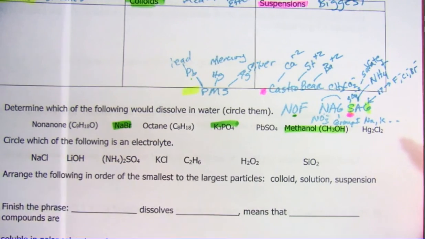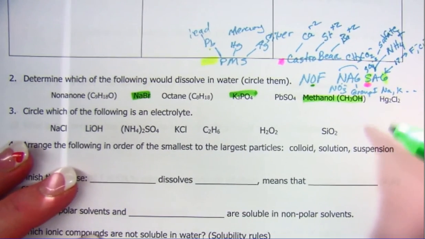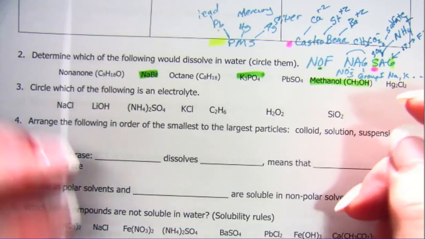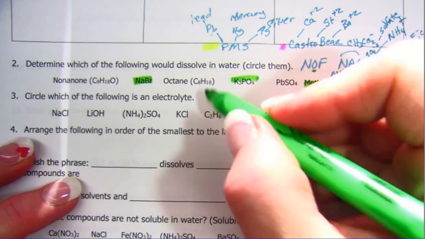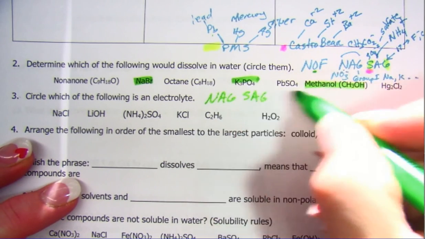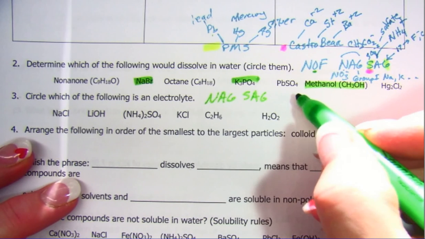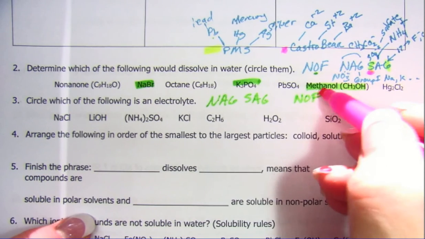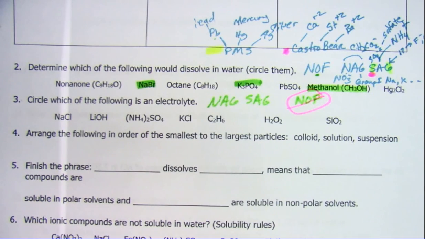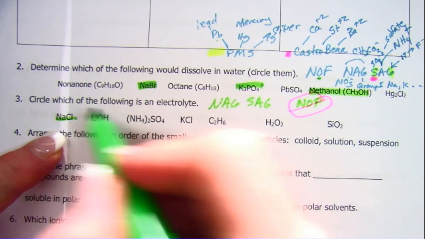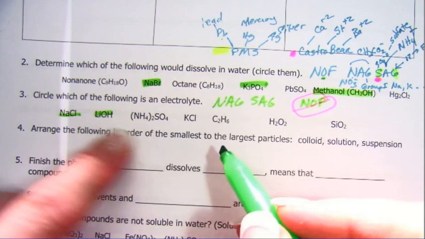Now, looking at the electrolytes, we're going to look also at NAG-SAG. NAG-SAG is important here, but not NOF. When we look at NOF, it is not an electrolyte. Cross through it. So we're looking at things that are electrolytes here. Group 1 metal, yes. Group 1 metal, yes.